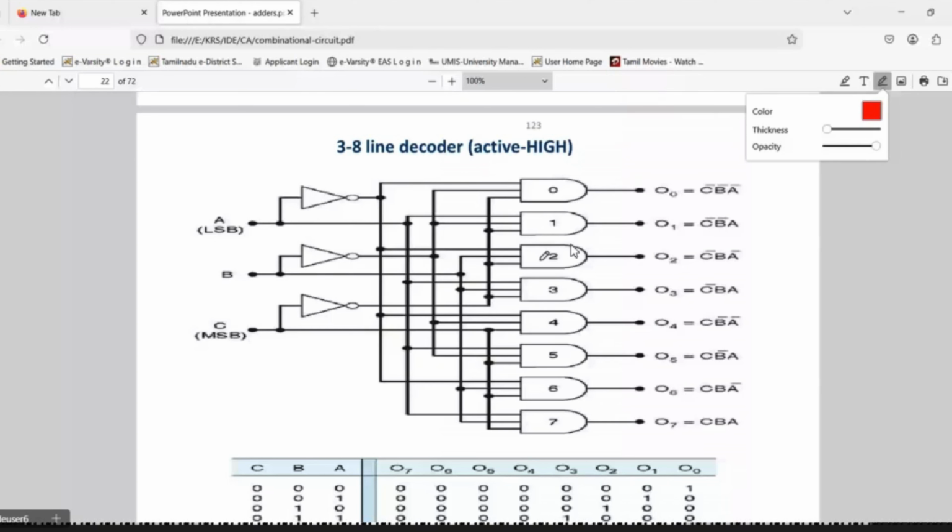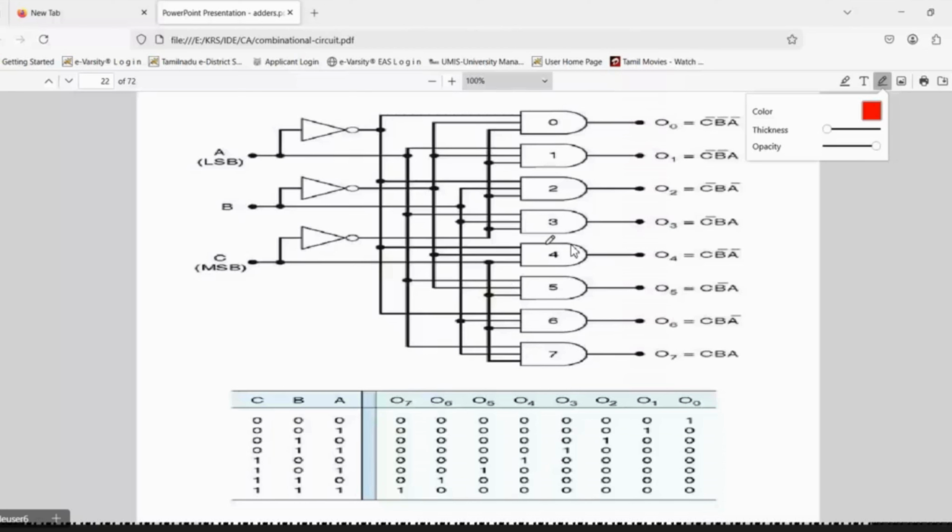Then 3 is 0 1 1, so A complement, A dash B C. Next 4 is 1 0 0, so A B dash C dash. 5 is 1 0 1, another A B dash C. Next 6 is 1 1 0, so A B C dash. And 7, all values are 1, so A B C.